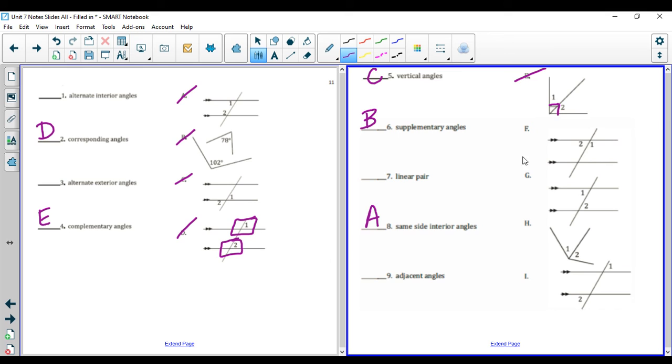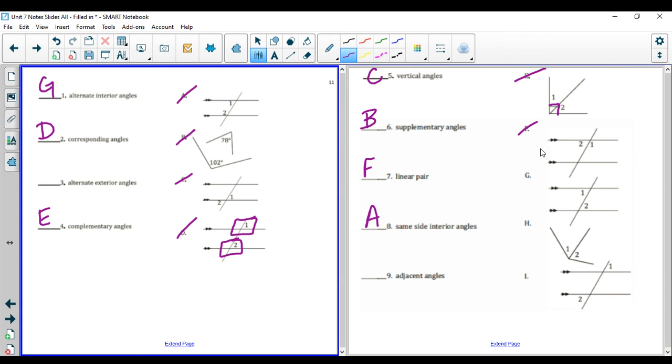For letter F, I do notice these are in the same clump, and they are side by side, and they actually form a line. So because of that, I'm going to call that a linear pair, which goes here with number 7. For G, these two angles are both on the inside, and it looks like they flip-flop over that transversal. So I'm going to call those alternate interior angles.